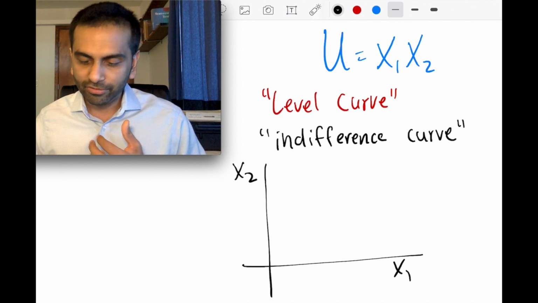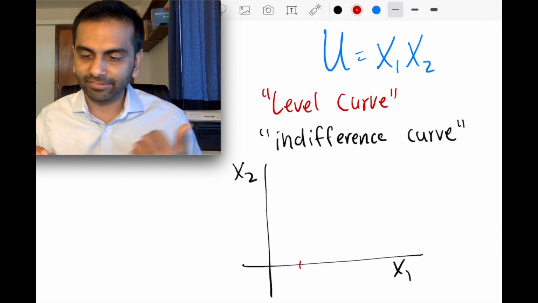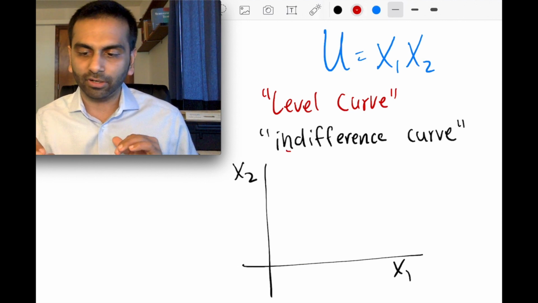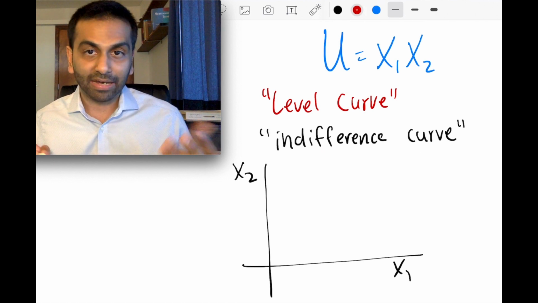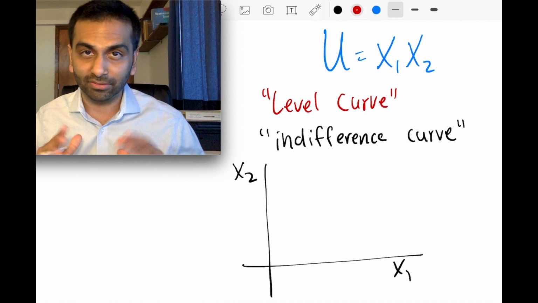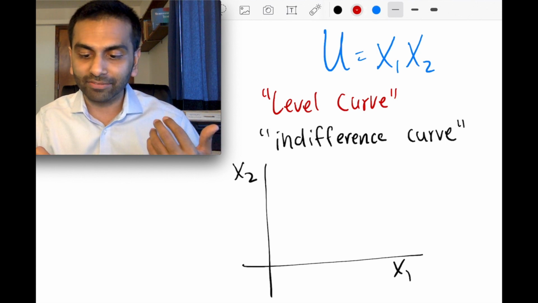If you have the point 4, 1, then that's 4 apples and 1 banana, and so on. So let's say I were to say draw the indifference curve specifically for a utility level of 25. Notice, if I were to just say draw the indifference curve, that's an ambiguous question. There's infinitely many indifference curves, one for each level of utility.